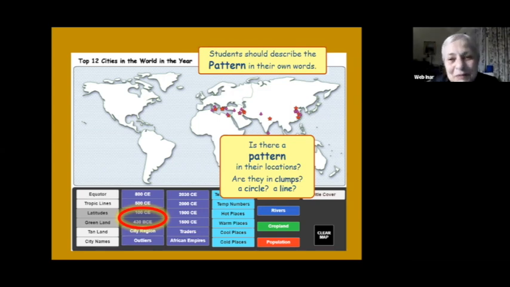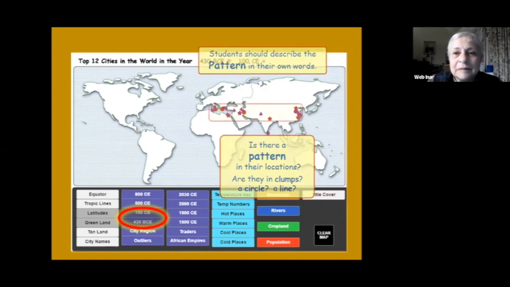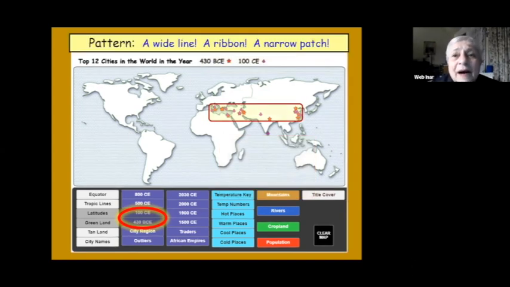Before we had to do remote learning, we literally used to have students draw circles or draw a line on a paper map, a black and white reproduction of this map. What do the students see?